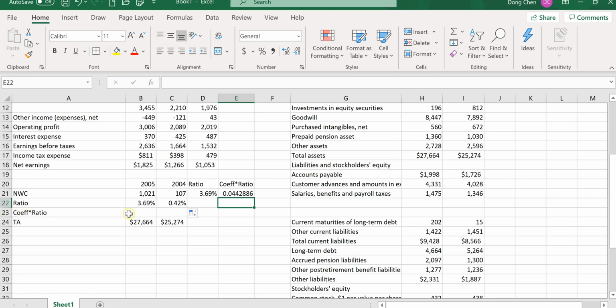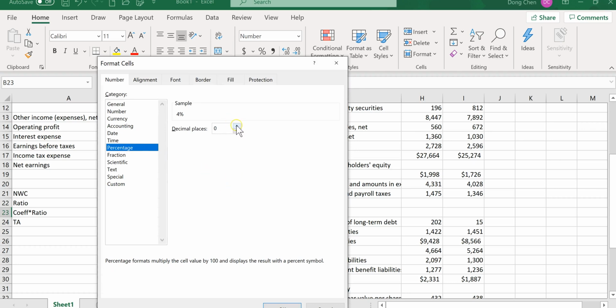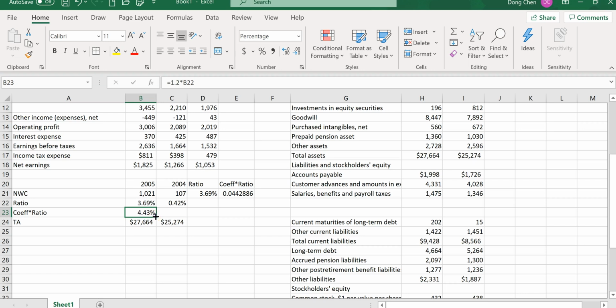Then coefficient times ratio is simply 1.2 times this NWC divided by total assets. Then format the cell again, keep 2 decimal places in percentage terms, and pull the cell to the right. So that's my coefficient times ratio.